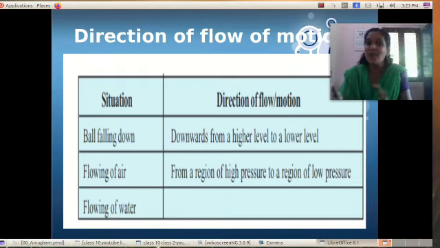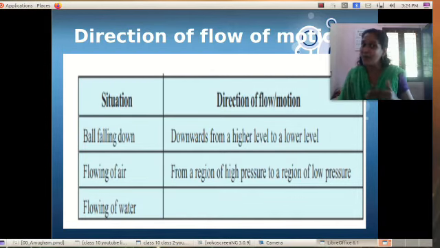In the case of air, it flows from a region of higher pressure to a lower pressure region. While wind blows, it blows from the highest pressure area to the lowest pressure area.